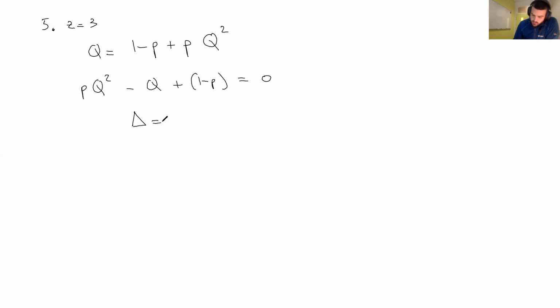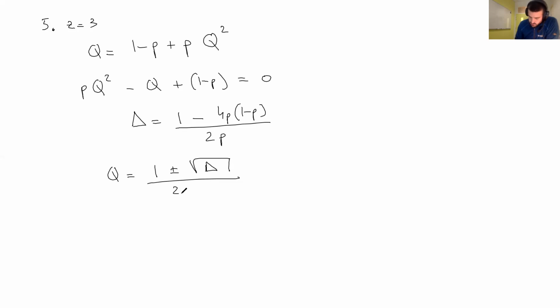The discriminant of that is 1 squared minus 4 p(1 minus p) divided by 2p, okay? And the 2 solutions are minus this term, so 1 plus or minus the square root of this discriminant divided by 2 times the first coefficient. Okay?